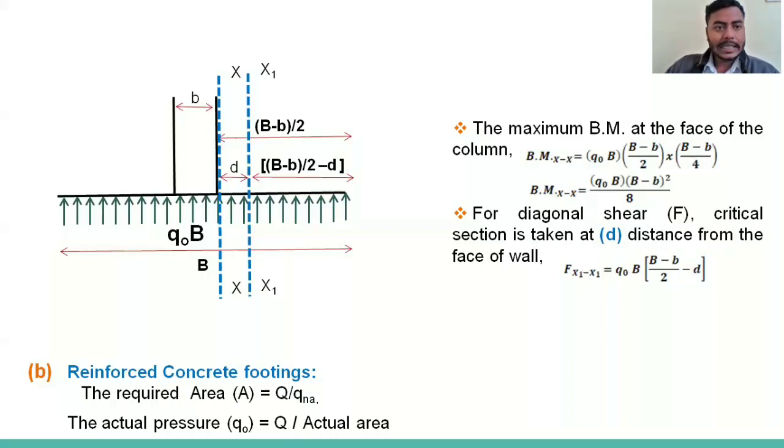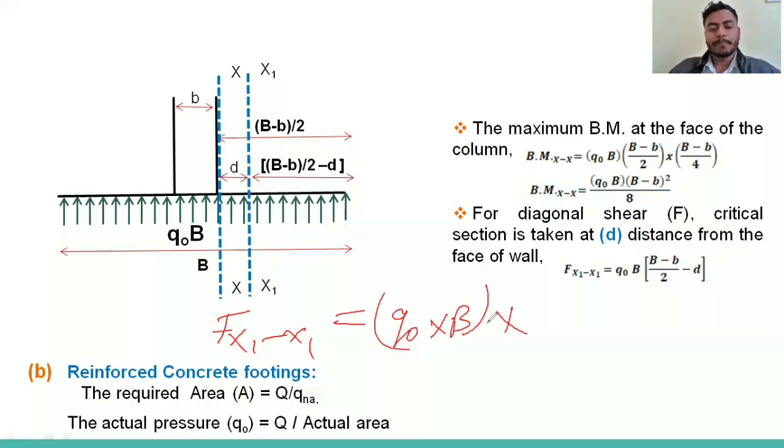To calculate the shear force at the x1 axis, what we do is first calculate the force. The UDL is Q naught into B, and then we multiply with the length. We are calculating shear at this point, and from the left side, this length of the UDL is causing this shear at this point, right?